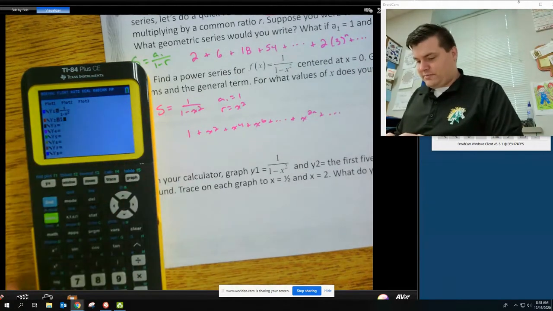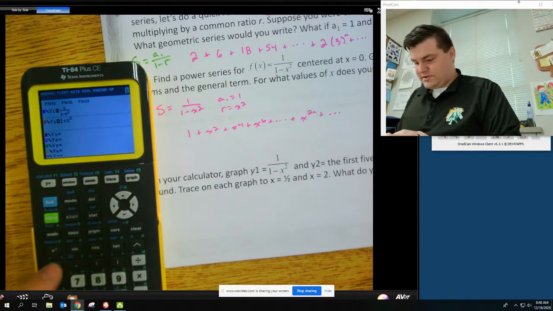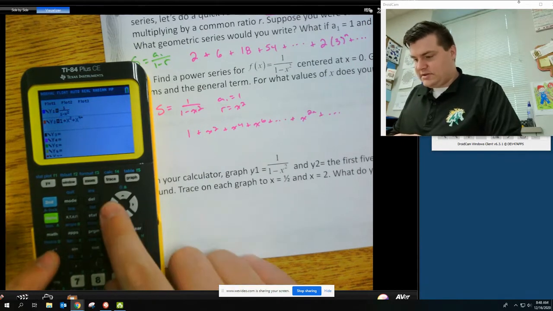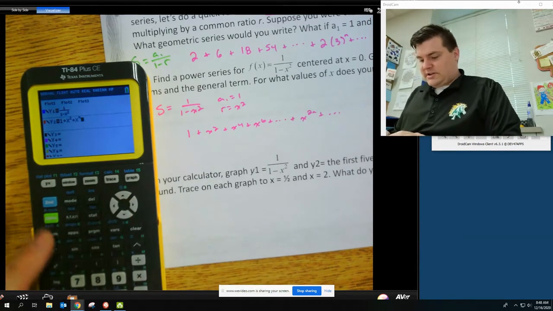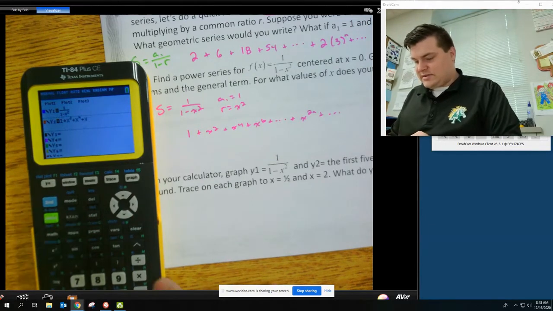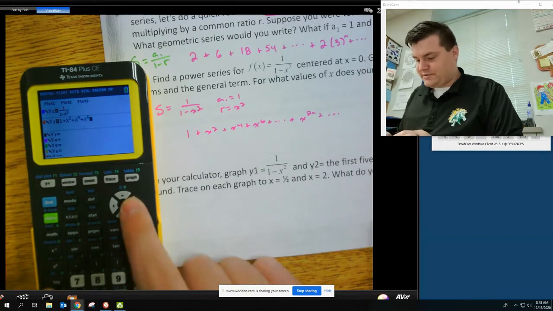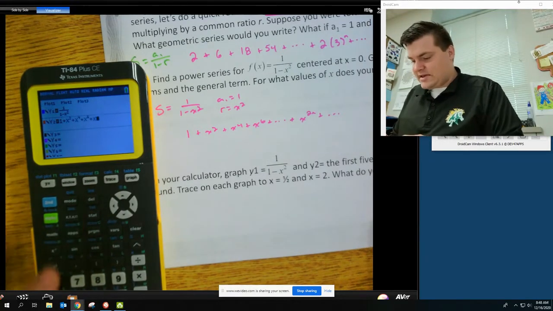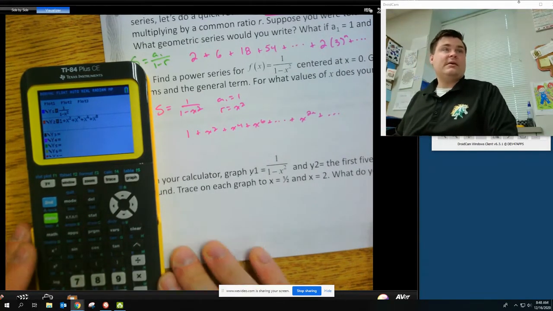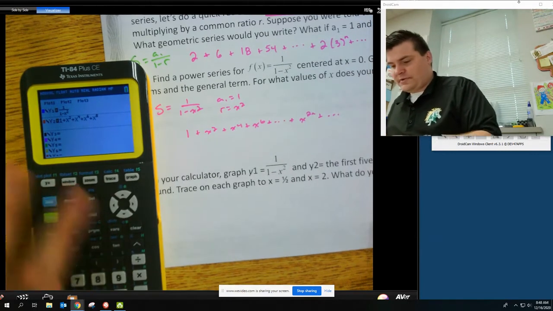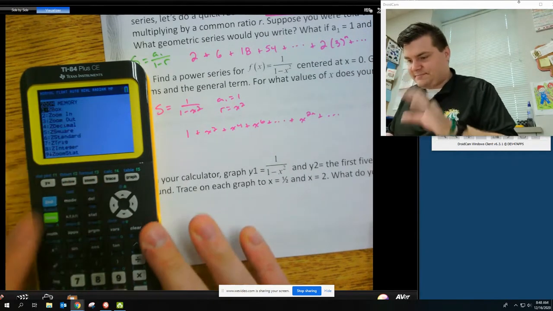So it's going to be 1 plus x squared plus x to the 4th plus x to the 6th. 5 terms, so obviously the next one is going to be x to the 8th. It wants me to graph both of them, so zoom 6.